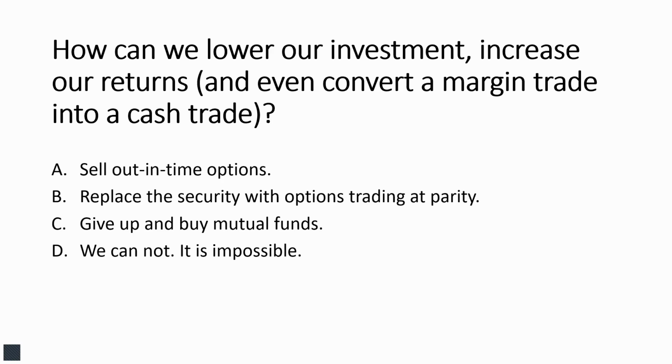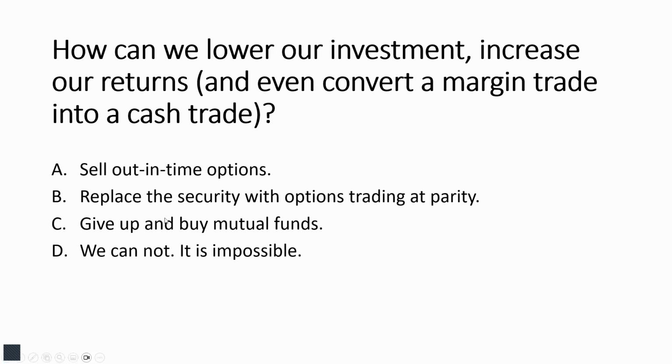If you were tuning into the options lookup tool that I gave you free access to earlier, you may have an idea. But here are the possible answers. Number A, you could sell farther out in time options instead of an option that expires within the next month. You could sell maybe the option that expires in 2 or 3 months.